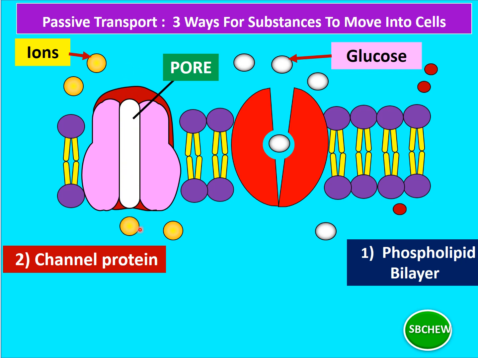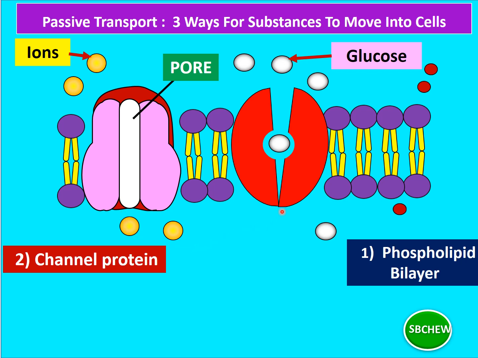So if it uses channel protein to pass into the cell, then the type of transport used is called facilitated diffusion, which we will study in the next video. The word facilitated means assisted diffusion, because it uses a channel protein to assist it to move across the plasma membrane.